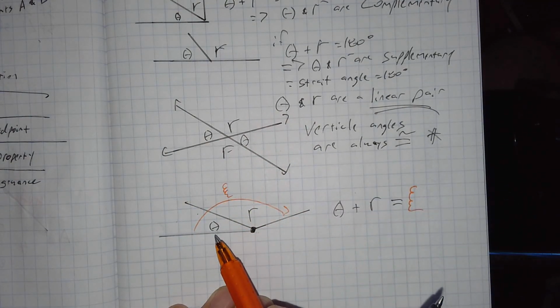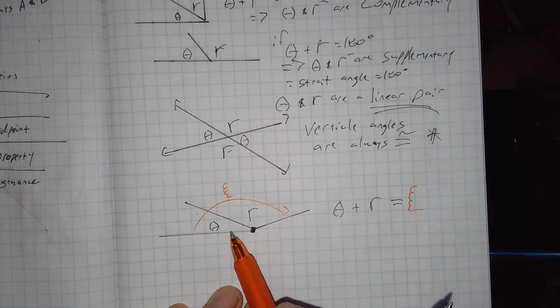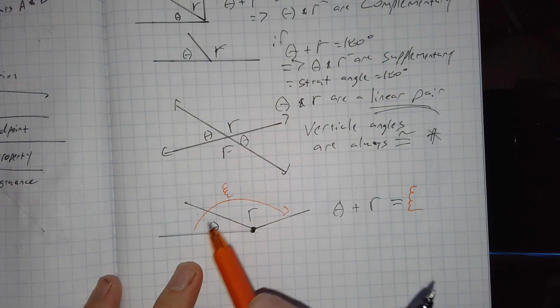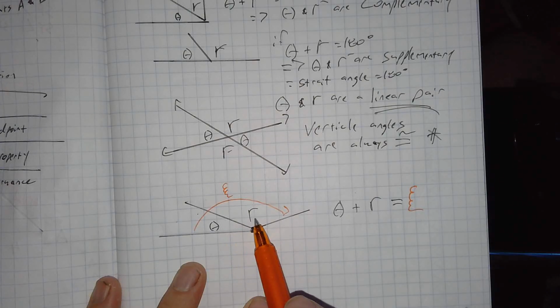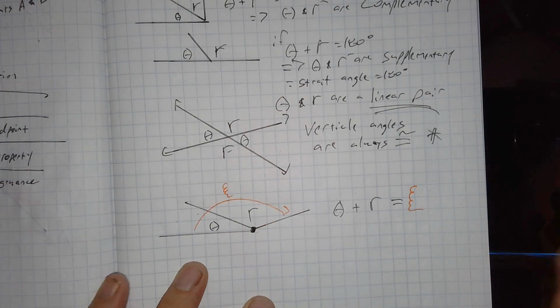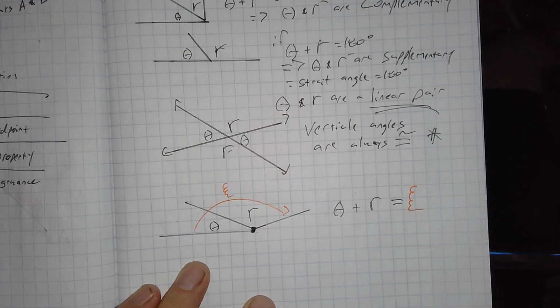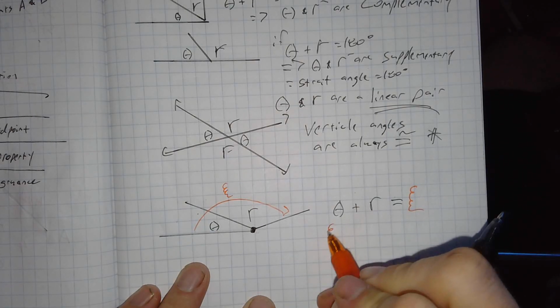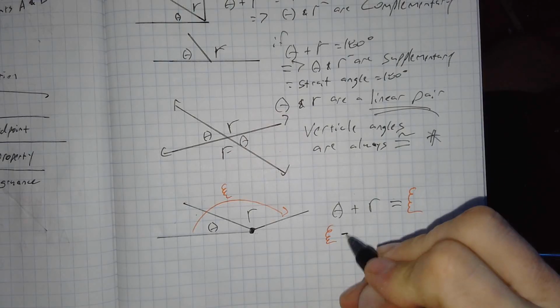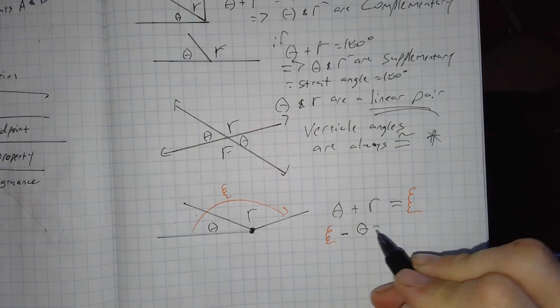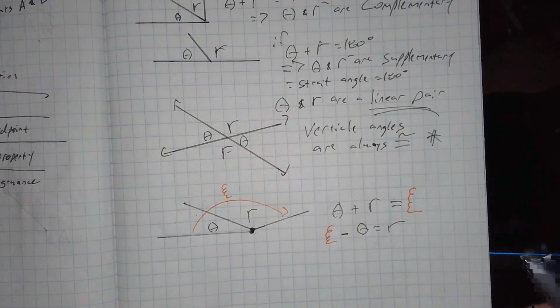Okay, so very much like a line segment, if you know the big orange angle right here, epsilon, and you know one of the other two angles, you can figure out the other one just by subtracting it, right? So you could say that epsilon minus theta equals rho, right?